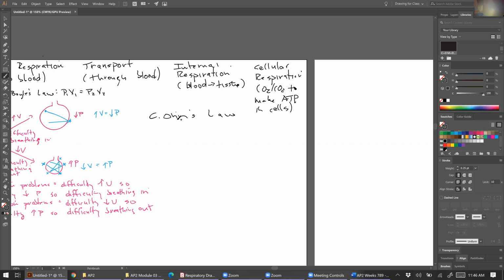But it's anytime there's a flow of something. So I, which is flow, is equal to change in pressure. Delta means change, so this means alveolar pressure, over resistance.